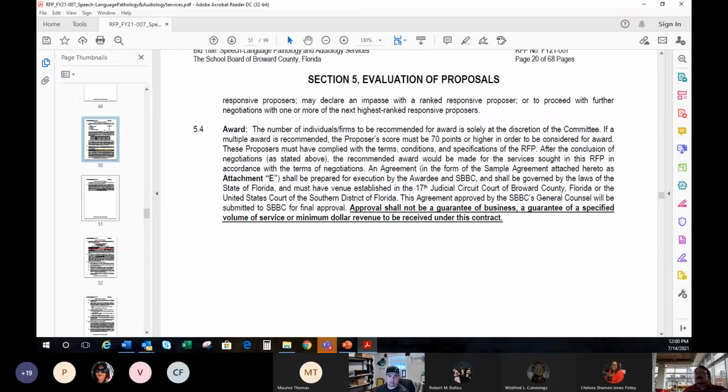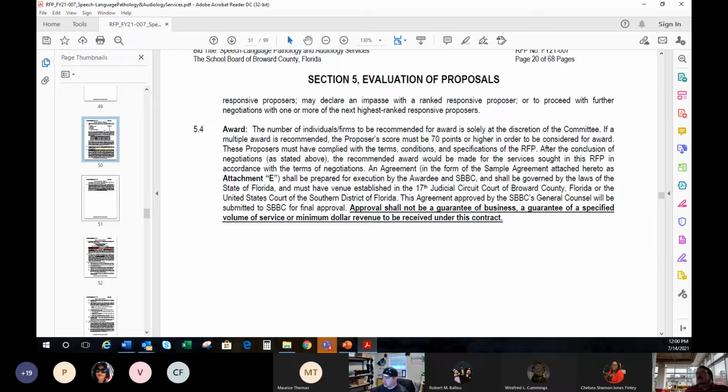So basically, this section is just outlining the whole process that the committee members go through in order to evaluate the proposal. In section 5.4, the number of individuals to be recommended for award is solely at the discretion of the committee. If a multiple award is recommended, the proposer's score of 70 points or higher will be required in order to be recommended for award.